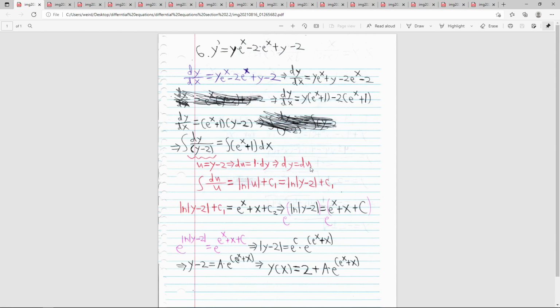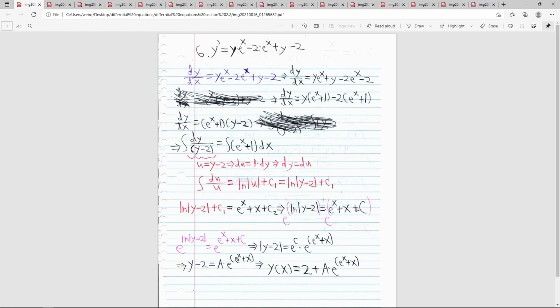So dy equals du. And we have u equals y minus 2, so we get integral of du over u for this. That's what integral dy over y minus 2 is. We get ln u plus c1, and the absolute value of y minus 2 as a natural log of that, plus c1. And that's equal to the integral of e to the x plus 1, which is e to the x plus x plus c2. e to the x is e to the x, 1 is x, and then you have the constant.